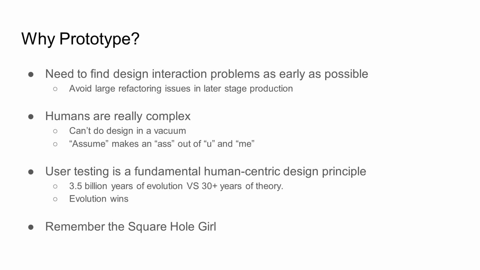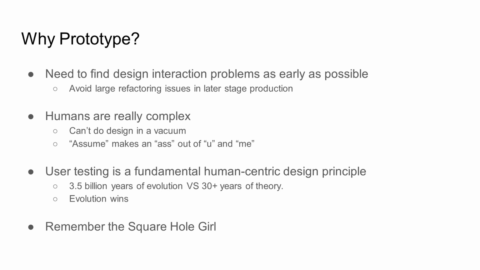We have to remember that our field isn't actually that old, and we haven't discovered every single thing about human behavior just yet. So just think that, let's be generous and say that interaction design in immersive environments has been around for 30 years.